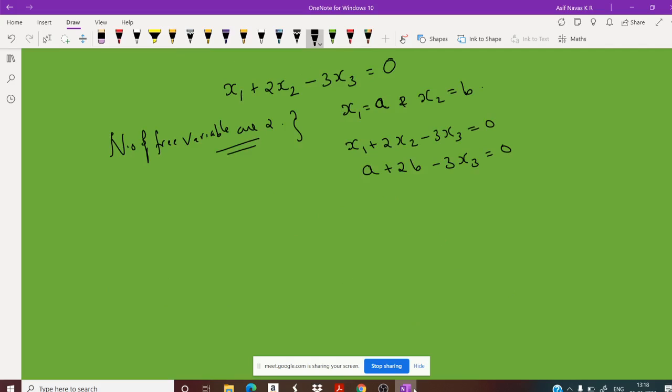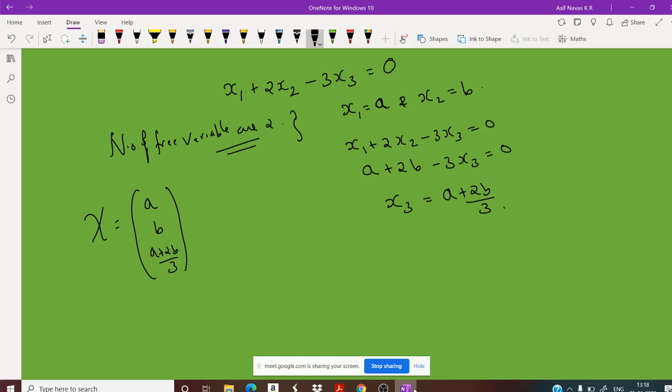So what is x3? x3 is a plus 2b divided by 3, right? So the solution vector is x1 is a, x2 is b, x3 is a plus 2b by 3.